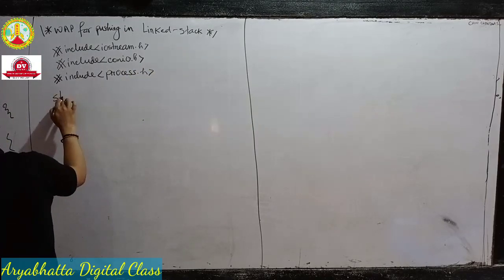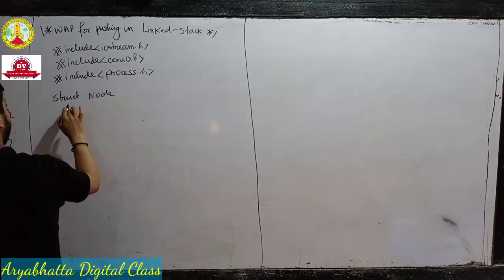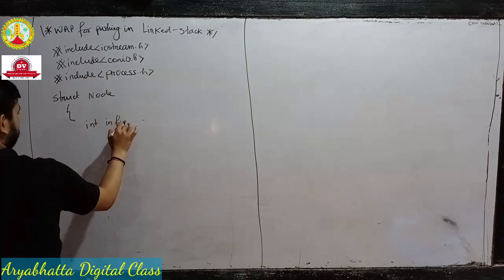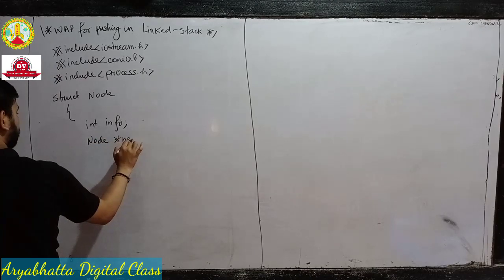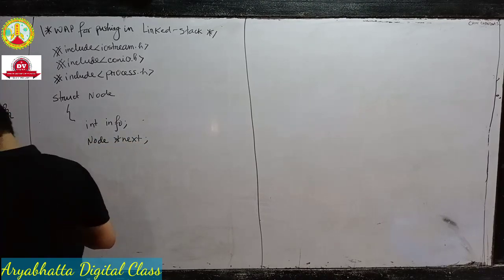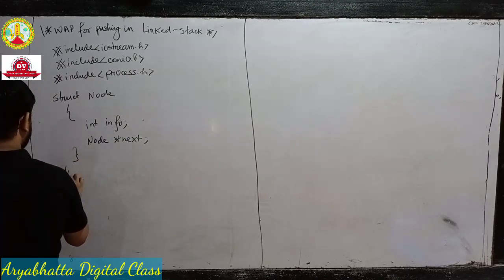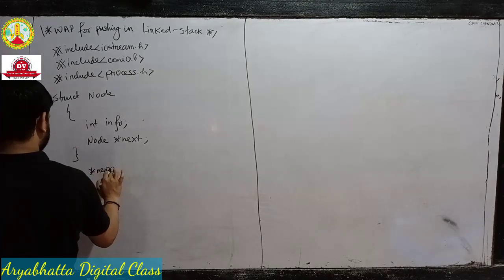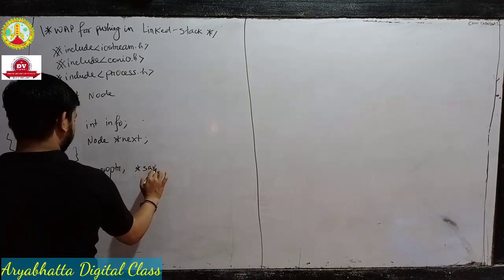Okay, we have to create the node. That's how we use structure. And in linked list what is coming? Info, node next, and we have to insert top, comma, new BTR. These all are pointers because this all is related to reference memory address.